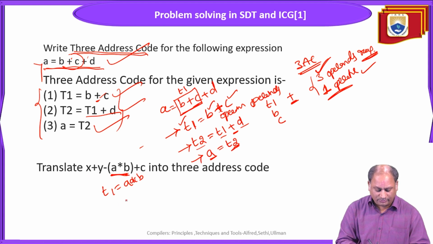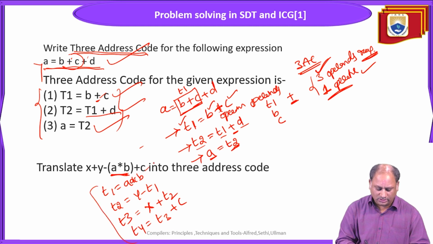So here we can perform Y minus T1 with a temporary, say T2. Now X plus T2, which is considered another T3. Then T3 plus C, which contains another temporary, T4.